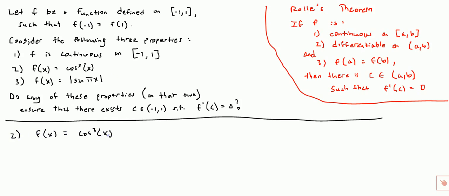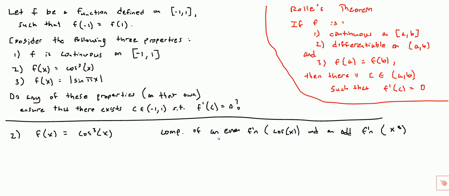So this is the composition of an even function, cosine, and an odd function, x cubed.